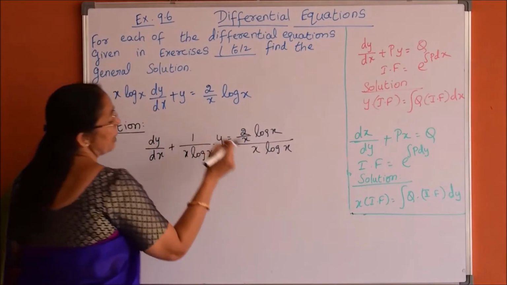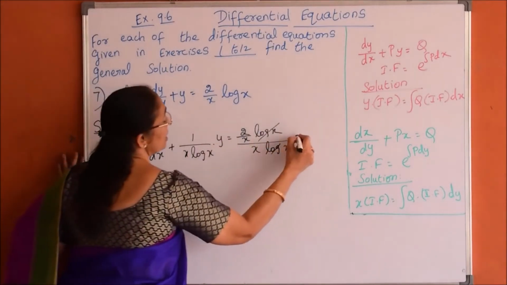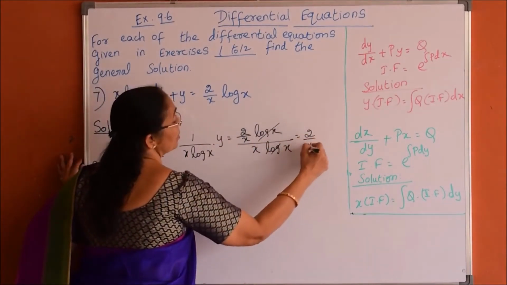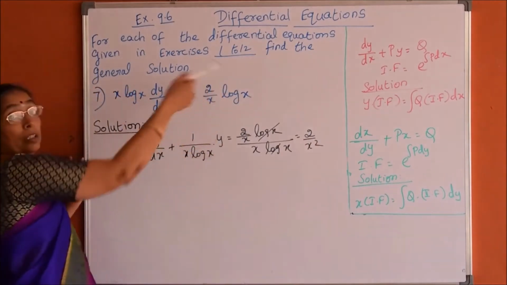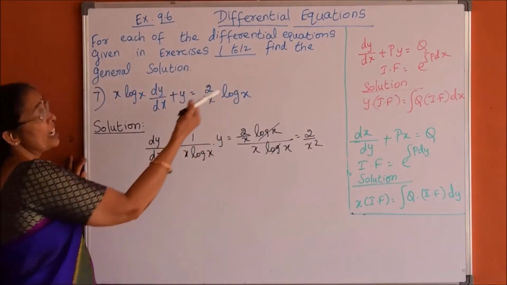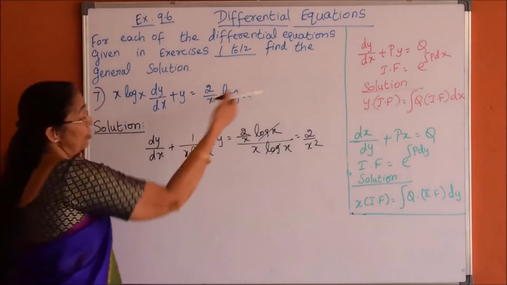So the log x will get cancelled and we will get 2 by x square. So it is a linear differential equation of the first form.